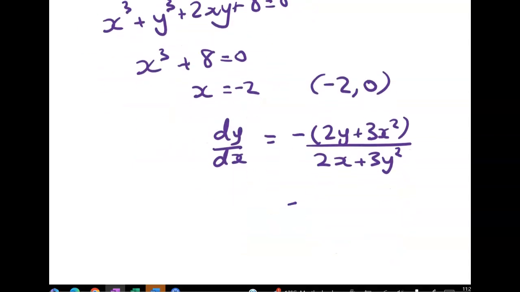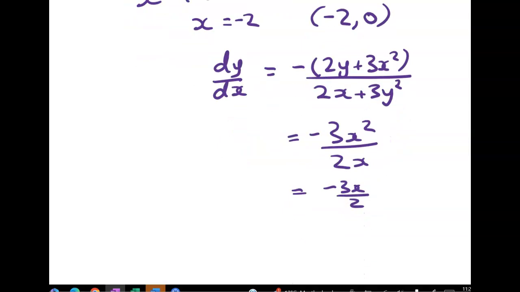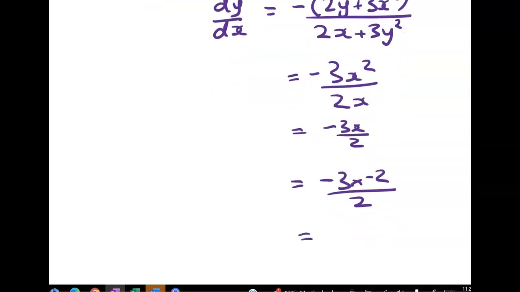So substituting in y is 0 and x is -2, we get negative 3x squared on 2x, which is equal to negative 3x over 2, and x is -2. So negative 3 times -2 over 2 gives me a gradient of 3. So all I did from here, those steps seem to me pretty obvious ones.